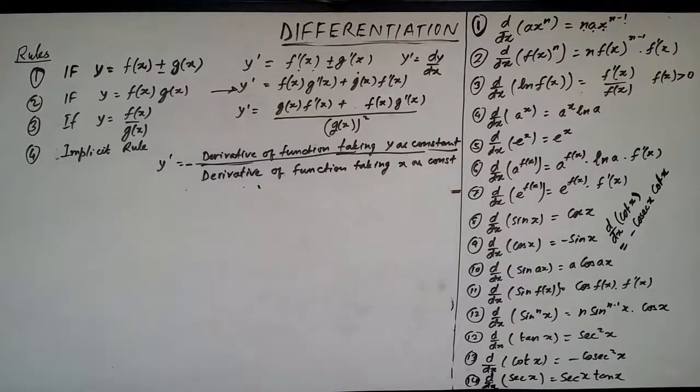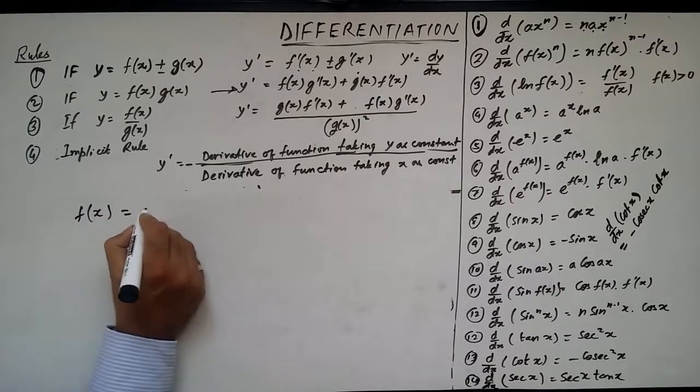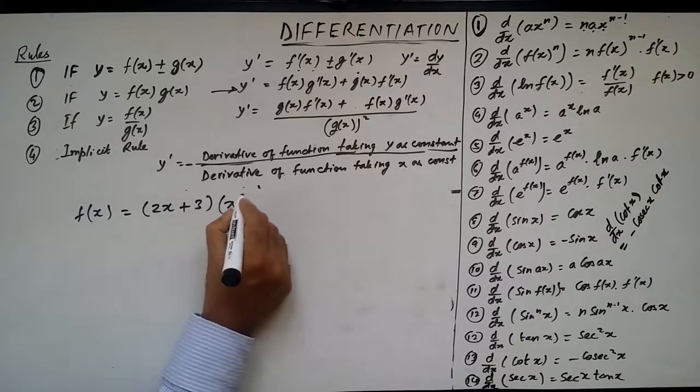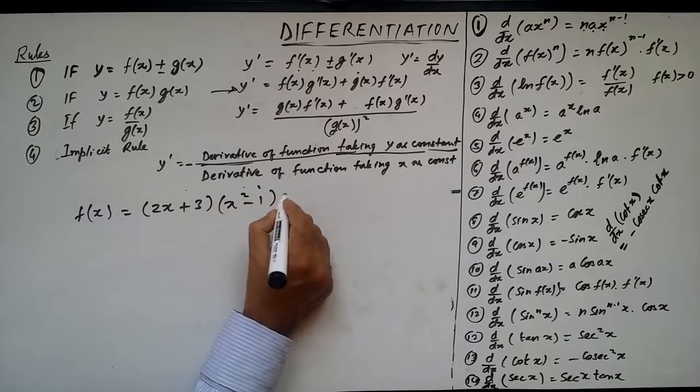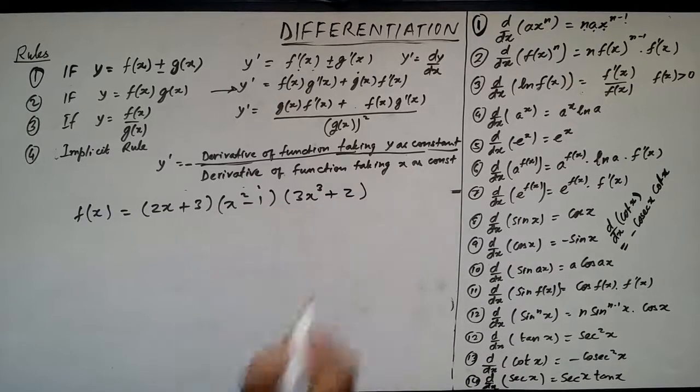So let's see this one. f(x) is equal to (2x plus 3) into (x squared minus 1) into (3x cubed plus 2). Now there are 3 terms.